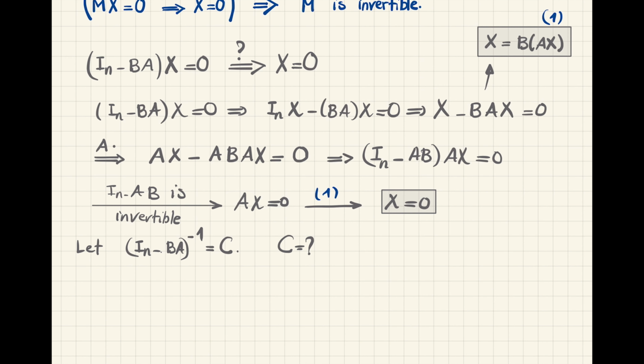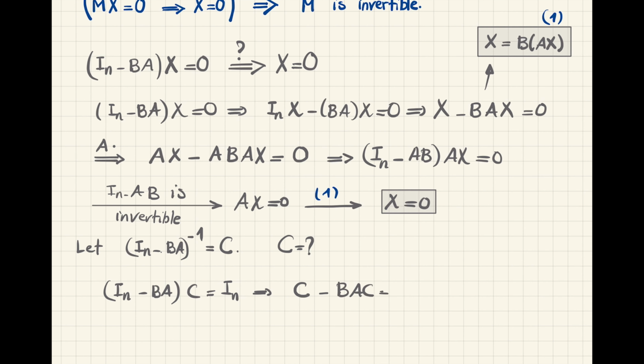Okay, so what can I do? When you say that the inverse of the matrix I_n minus BA is C, it means that if you multiply these matrices, this would be the identity matrix. And now let me just multiply that, so it becomes C minus BAC.